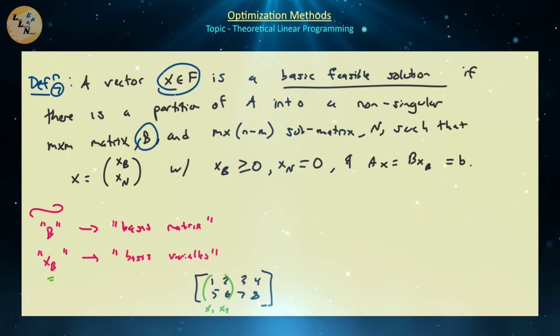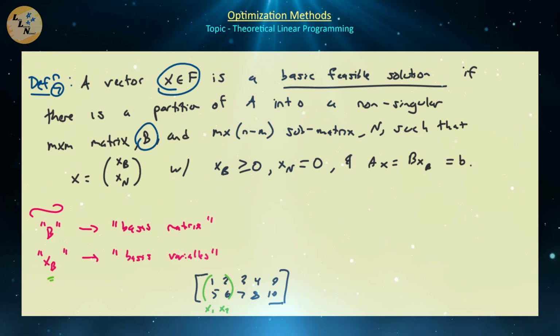Now once we chop off that particular matrix, and let's actually include a couple other columns here, let's do 9 and 10 as some additional columns. Once we chop off that matrix B, we're going to have a potentially non-square matrix N there. And this matrix N is going to have a name.